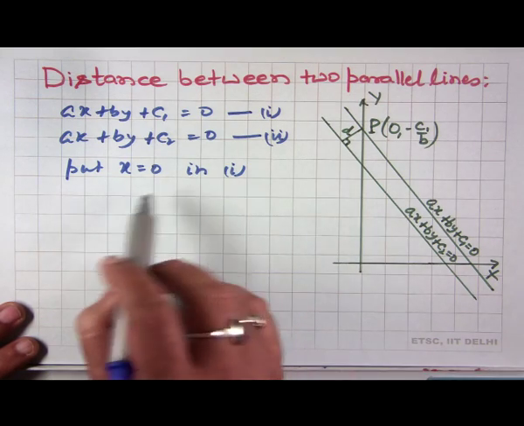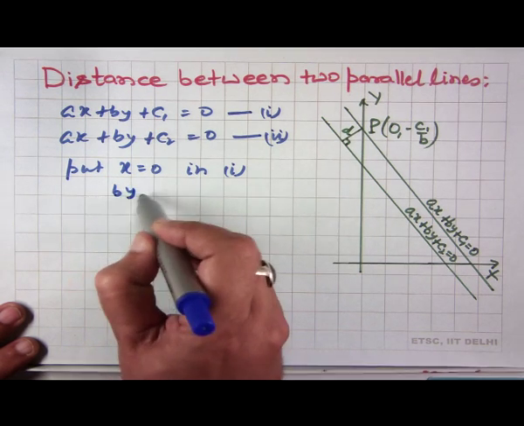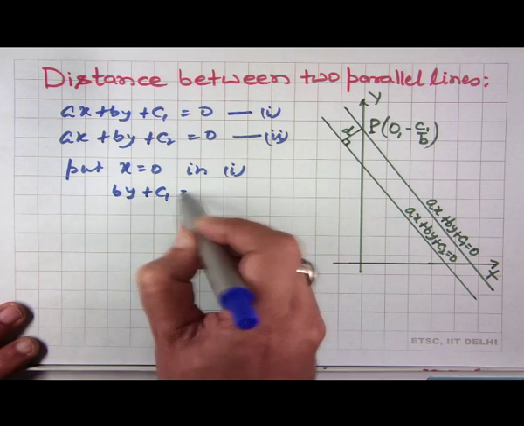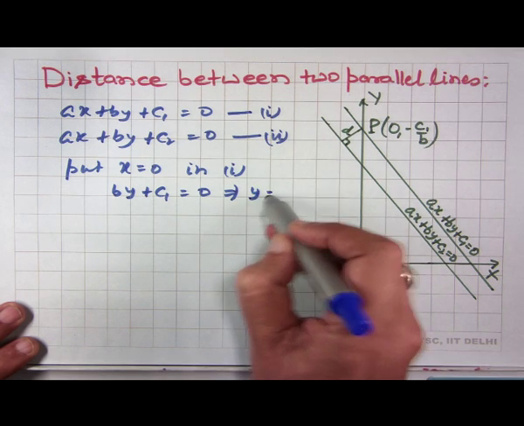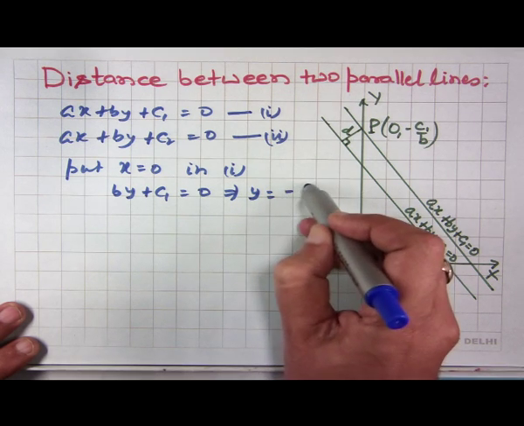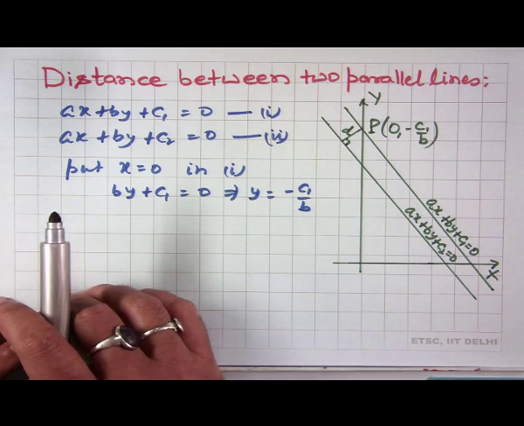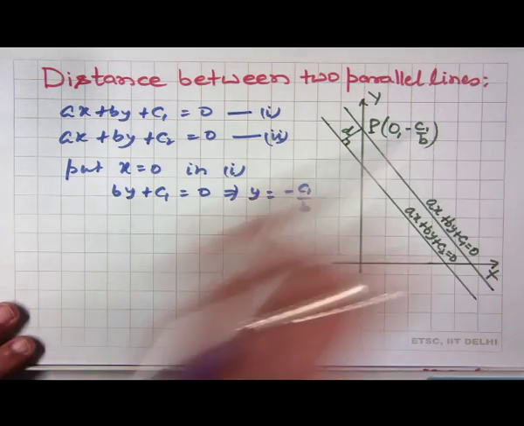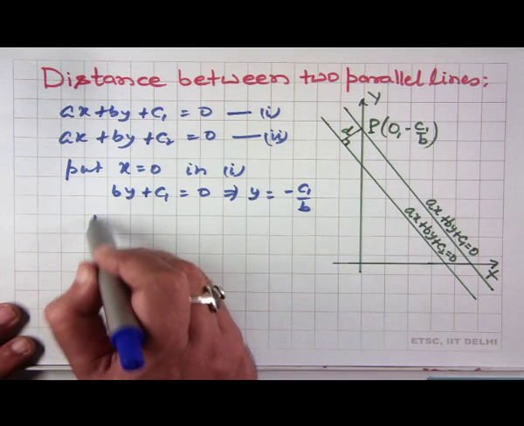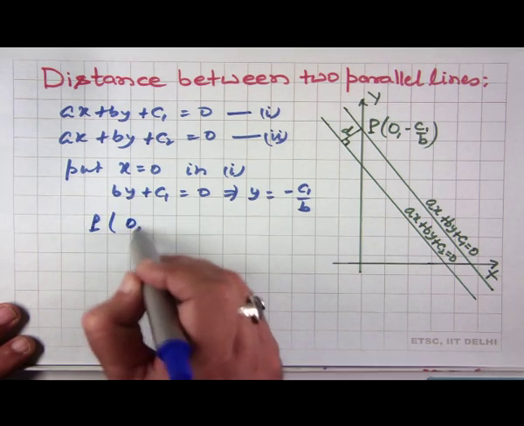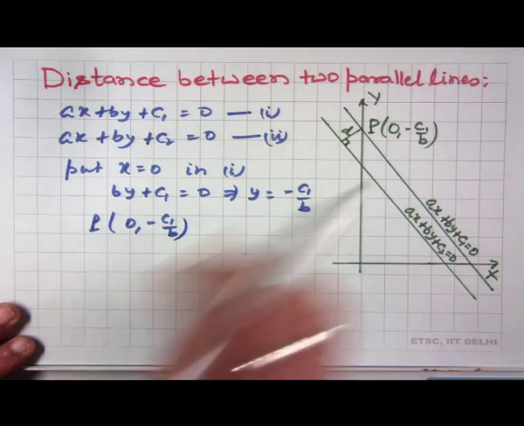So we will get by plus c1 equal to 0, which implies y equal to minus c1 by b. It means we have a point P(0, minus c1 by b) on line 1.